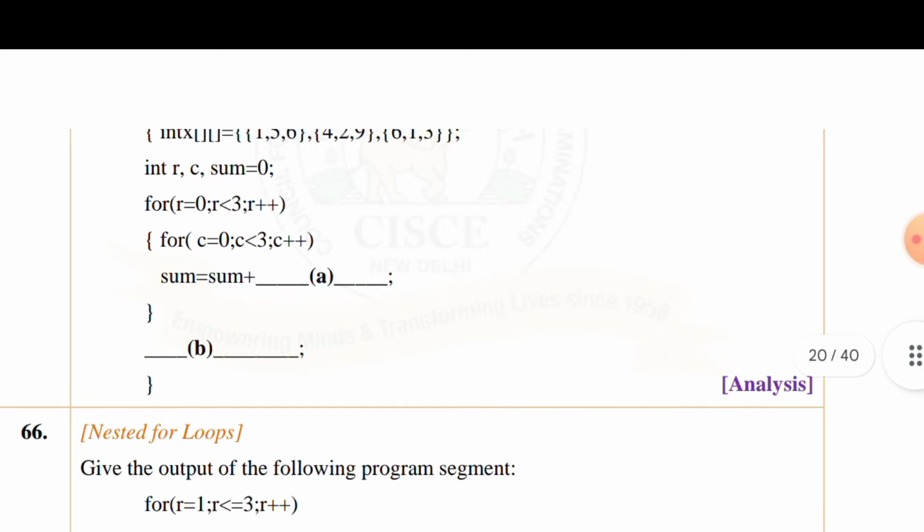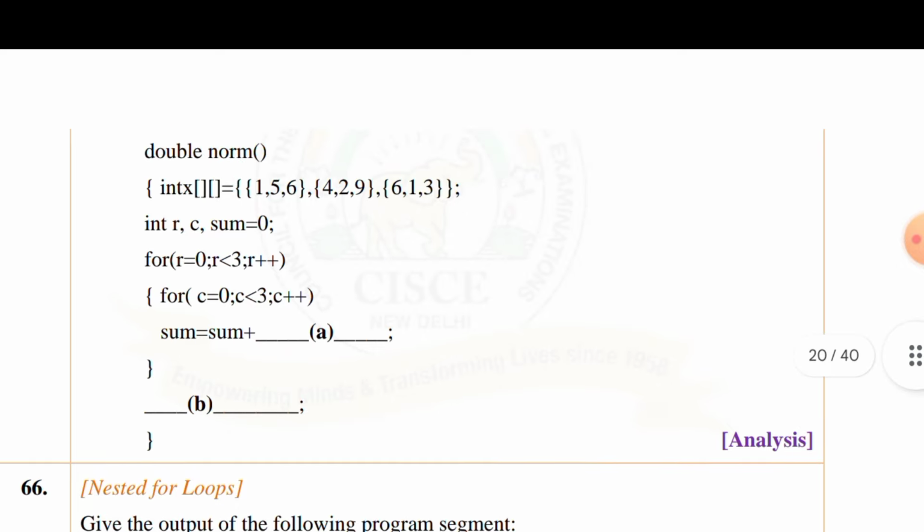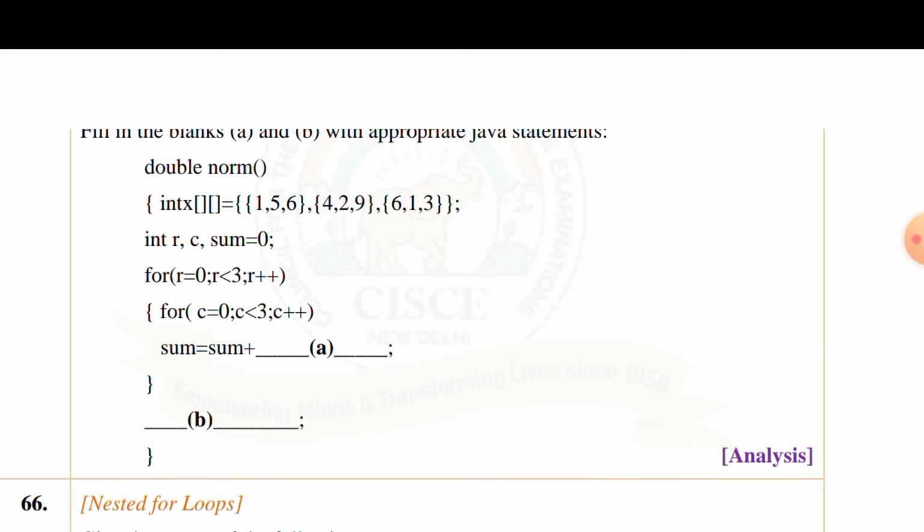In the second blank, when the loop gets over, since the return type of this method is double, the square root will be returned. So we have a return statement, and then we use Math.sqrt, where the final sum is stored in the sum variable, and that will be returned.